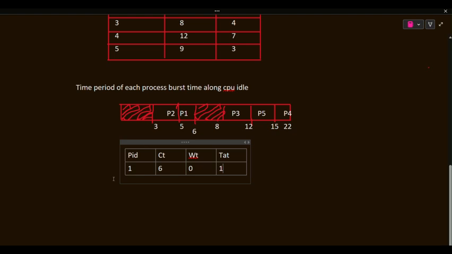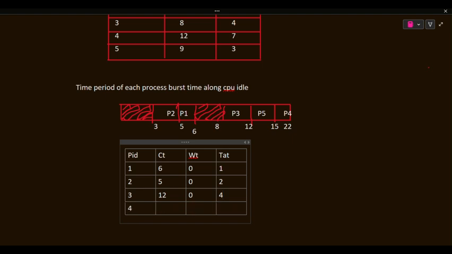The next one is process number 2. For process number 2, the completion time is t equal to 5 and waiting time is also 0 and the turnaround time is equal to its burst time, that is 2. The next one is process 3. For process 3, it has arrived at t equal to 8 and the completion time is 12, waiting time is 0 and the turnaround time is equal to its burst time, that is 4.